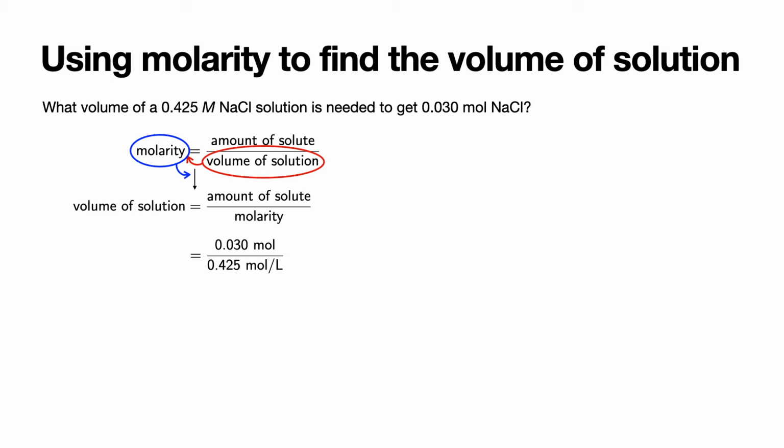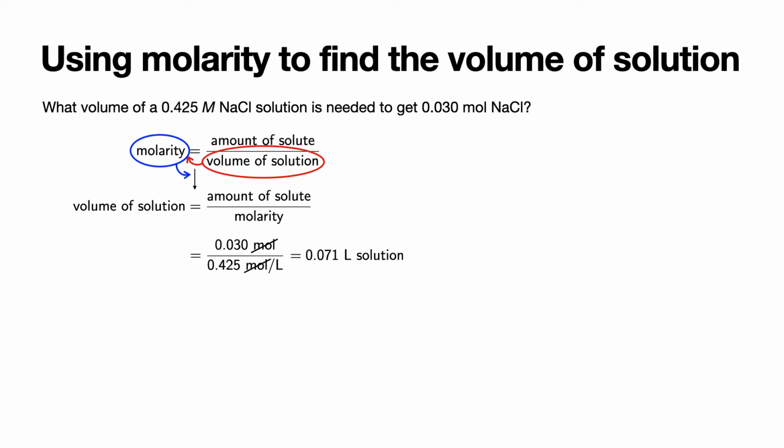And now our mole units cancel, and we end up with units of 1 over liters, and so that is 0.071 liters of solution. And that is the volume of solution that we would need.